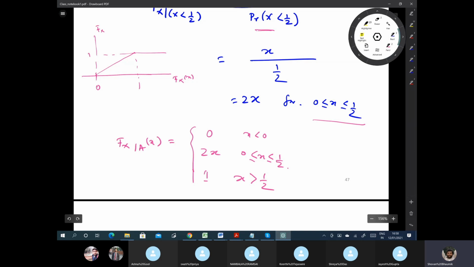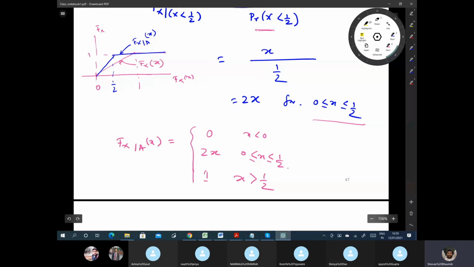Now the conditional one goes 0 up to half and then goes to 1. So this blue one becomes F_X given A of small x, and this one is F_X unconditional.